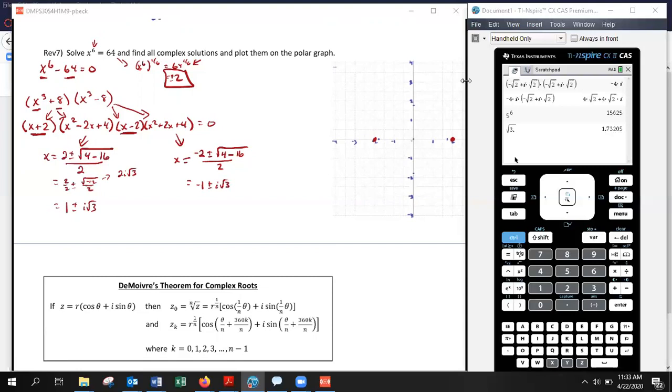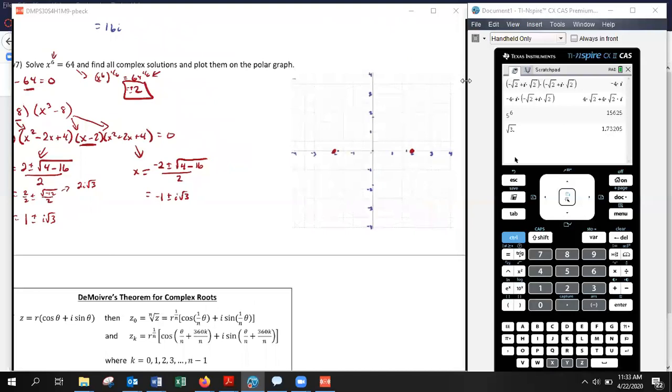So our other 4 solutions will come from there. So 1 plus i square root of 3. Hopefully you'll take a look right here, and in the calculator I already have the square root of 3, that's about 1.73. So we will have 1 plus, and if you notice, that ends up being on a very nice spot on the graph.